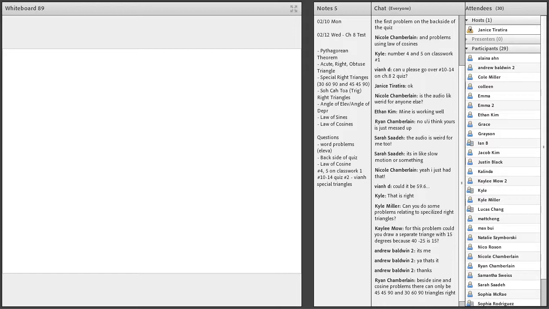So let's see, I gotta think which one will require law of cosine. Okay, let's do this one. So we have x, 7, 48 degrees, and 10. So, rule of thumb, just try law of sine.